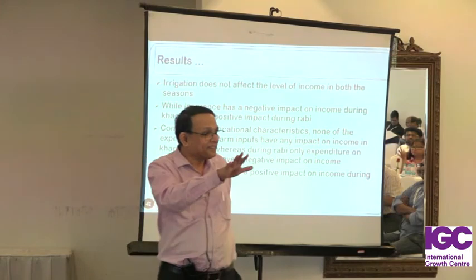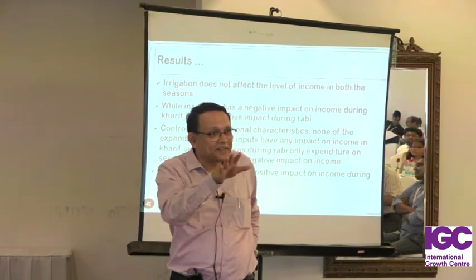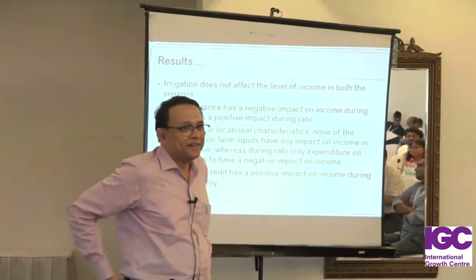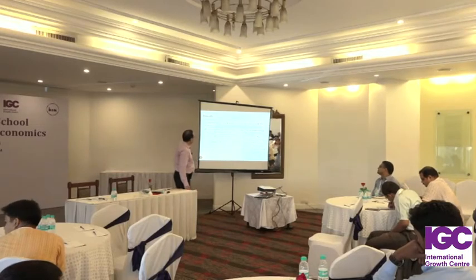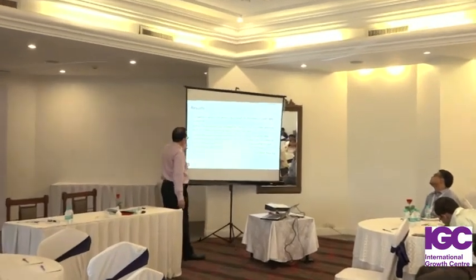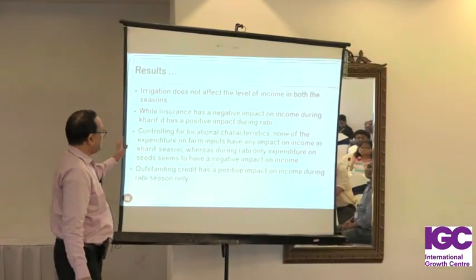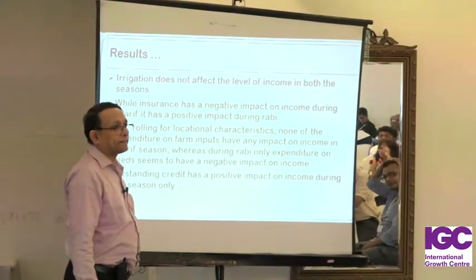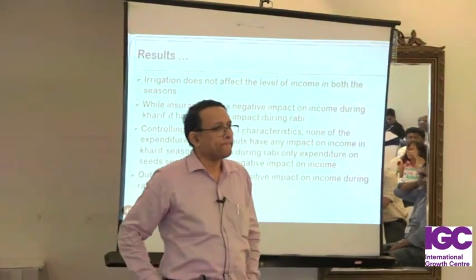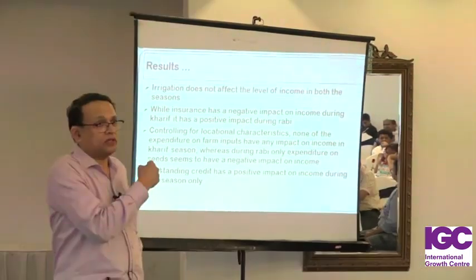Not convincing. Why not? None of the expenditure on farm inputs have any impact on income in Kharif season, whereas during Rabi only the expenditure on seeds seems to have a negative impact.